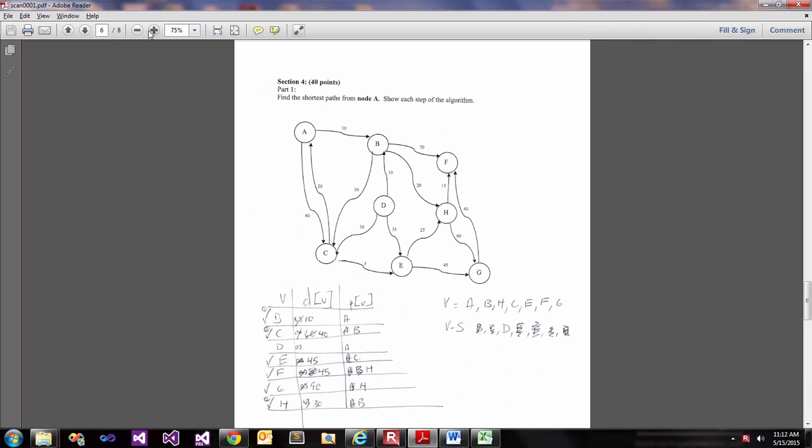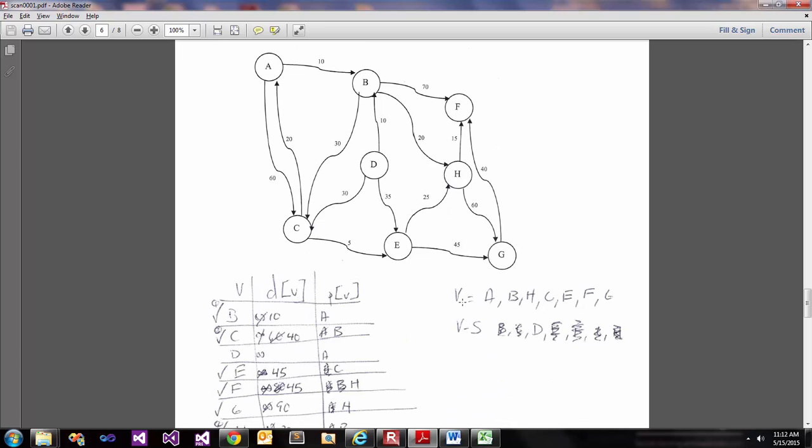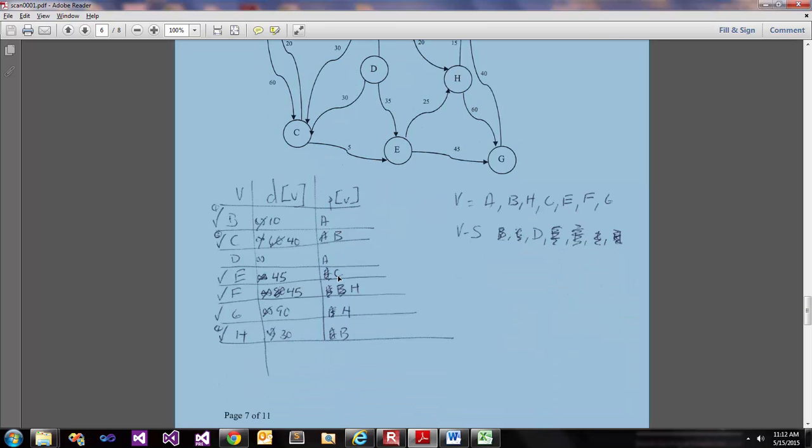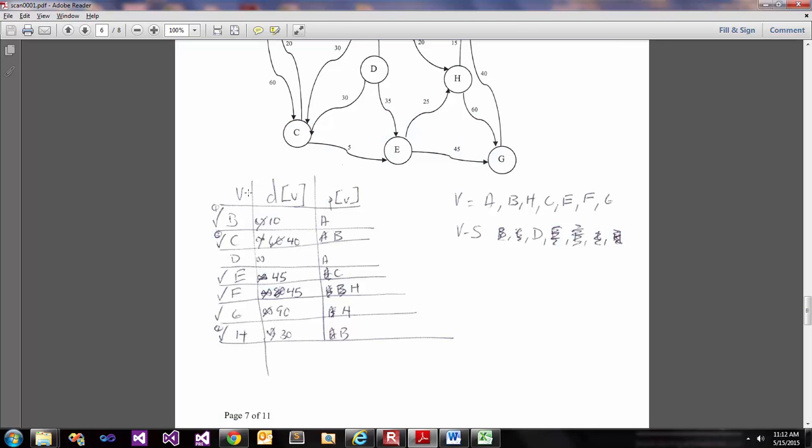We have our sets V and VS. Initially, set V will not have A in it, but it will have all the rest of the values: B, C, D, E, F, G, and H. A is not in this since we're starting from A. Our dV initially starts out as infinity for all the values, and our PV starts out as A for all the values.